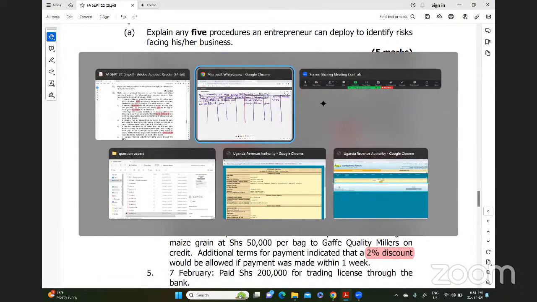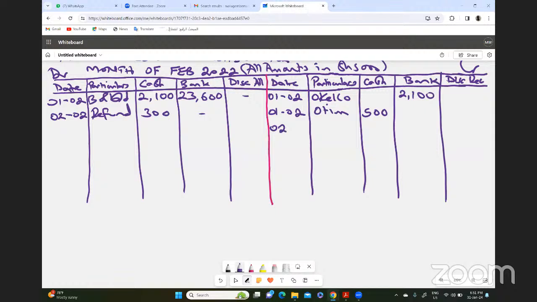And that all happened on the 2nd of February. We are making purchases. So these purchases were made through the bank. Kindly remind me what the figure was. 1,925.